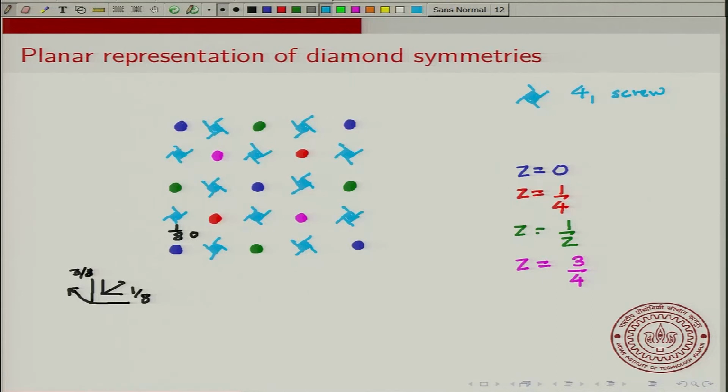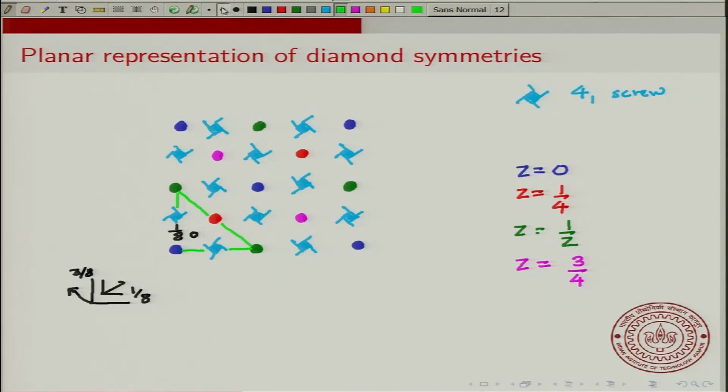Okay, so now you can also see the asymmetric unit of diamond. So the asymmetric unit of diamond is just this. This is the asymmetric unit. So this small 1/8 corner is the asymmetric unit, and whatever is there here is seen in all the others.